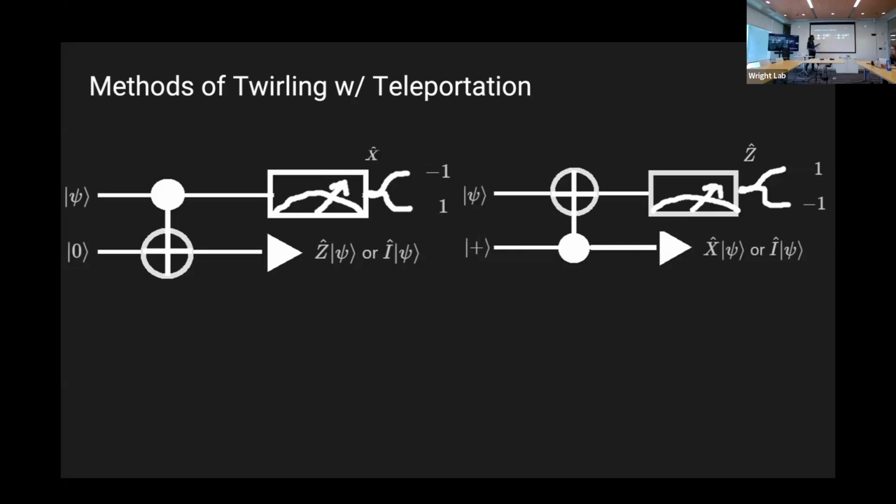This is what I mean by teleports: it is applied with an I gate where the result of the measurement is 1, and a Z gate where the result of the measurement is -1. This is similar to this other gate where instead of using zeros we use a plus, and now we are measuring on Z and we have I or X.